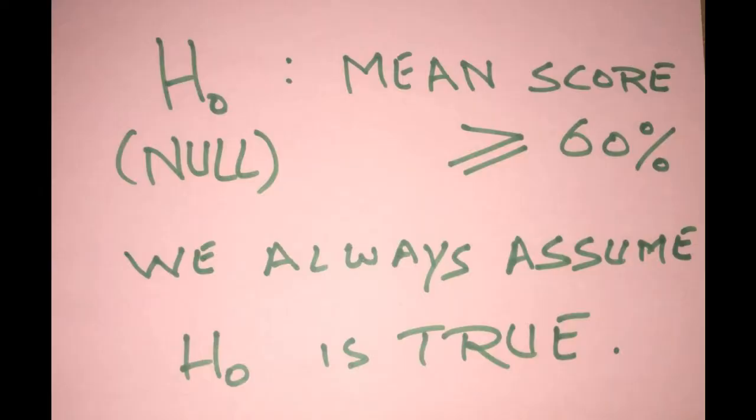For this, they did a hypothesis test and assumed that the students will get an average of 60% or more. What was the null hypothesis? The null hypothesis was that the children will get an average result of 60% or more. That means everything is okay. If they get 60% or more, it's okay.